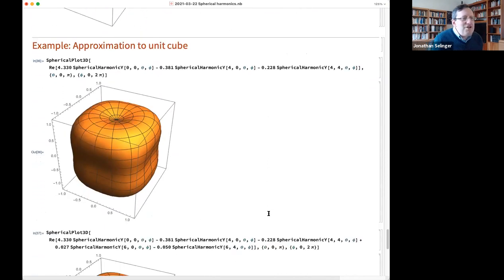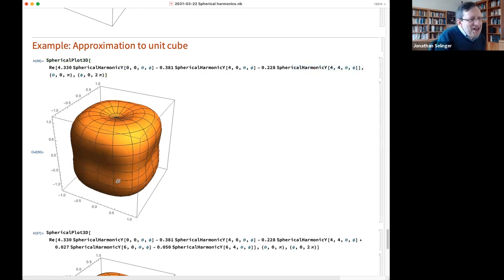It depends how many spherical harmonics I want to put into the series. So here is a series where I have the 0, 0, and then I put in a little bit of the 4, 0 and a little bit of the 4, 4. And it looks kind of like a cube.